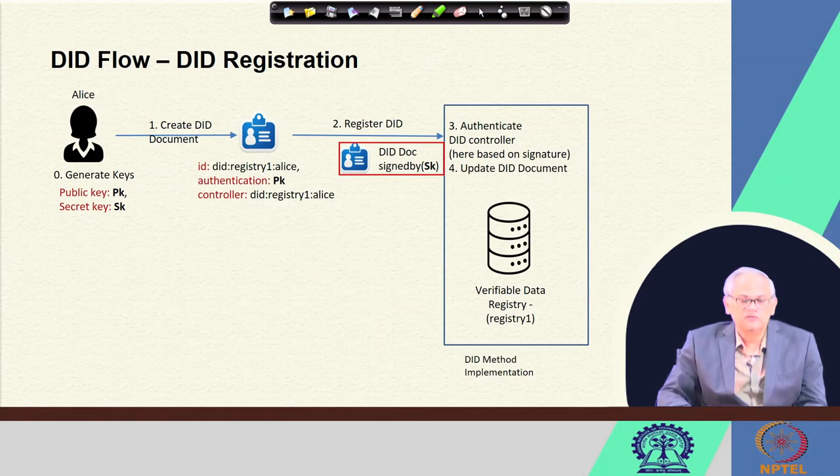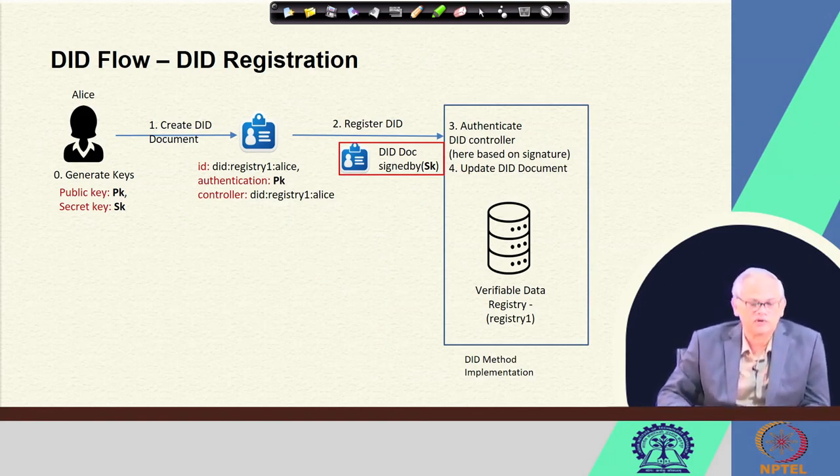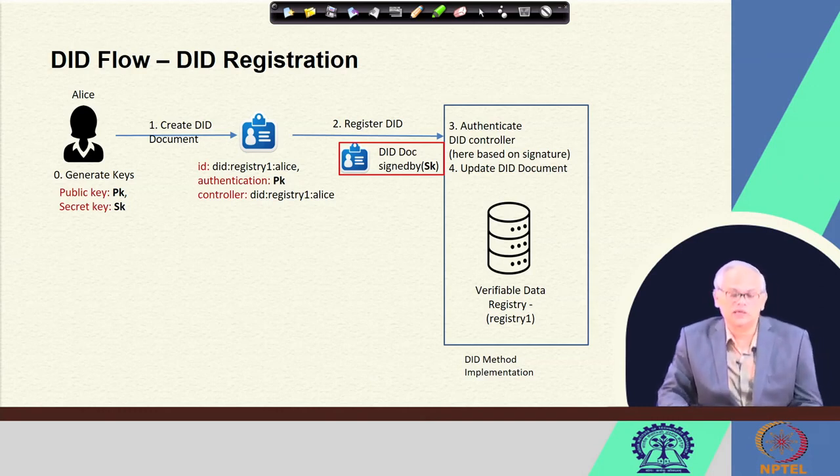So, if we see the DID flow, first of all the DID registration, we have this first step of creating the DID document, and before that, in step 0, the keys are generated, a public key and a secret key. Then the ID is did:registry1:alice, and the authentication method is using the public key, and the controller also is did:registry1:alice, meaning that the controller is the same as the subject for this particular DID.